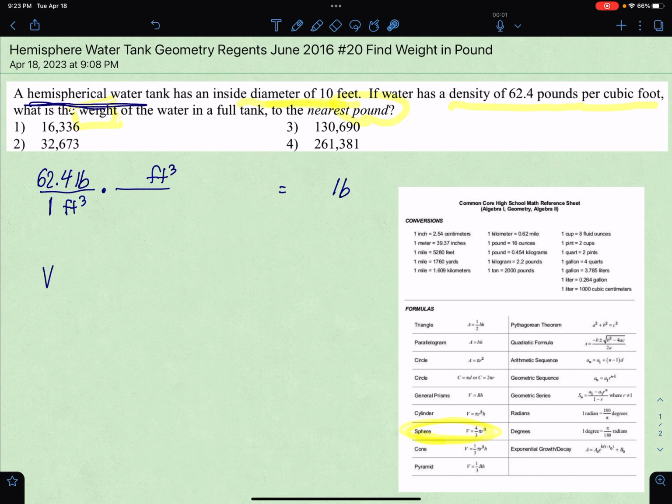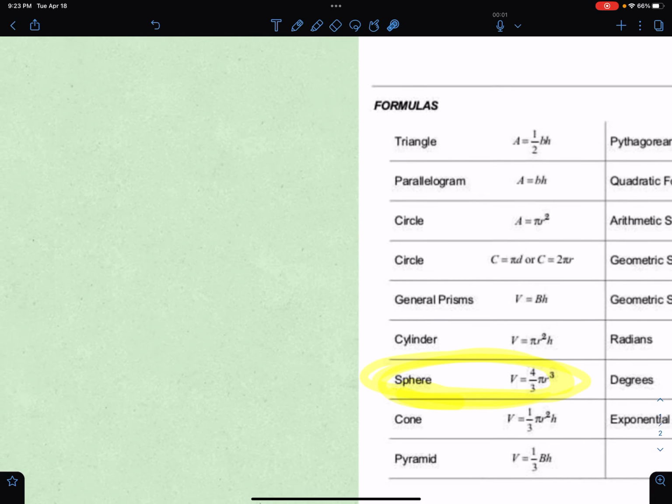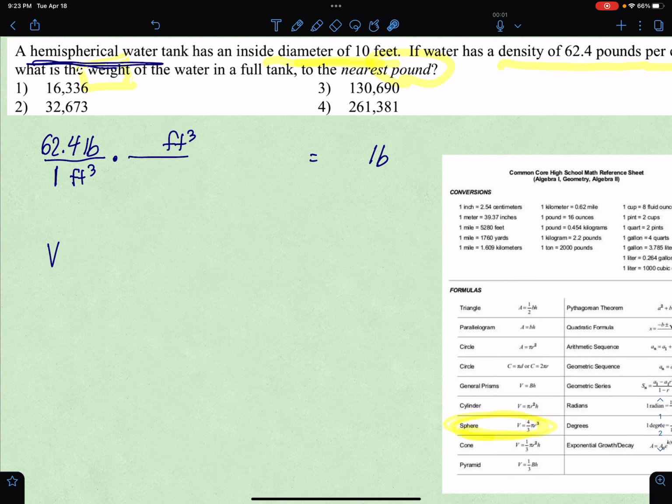So if you look at the formula sheet, there is no formula for the volume of a hemisphere, but they do have a volume formula for a sphere. So let's write this down first. The volume formula for a sphere is 4/3 pi r cubed. Now, always remember, anytime I say the F word, fraction, you must put parentheses.